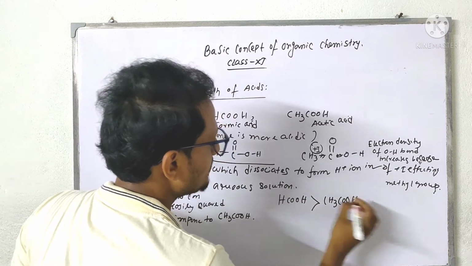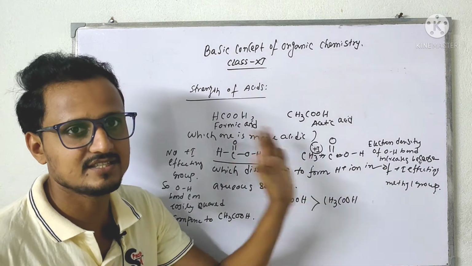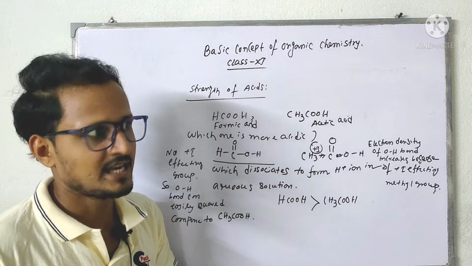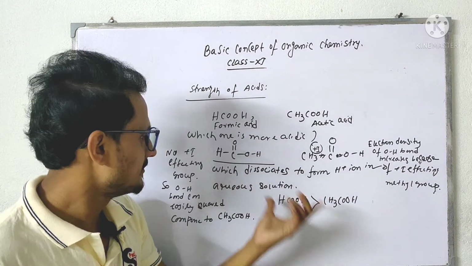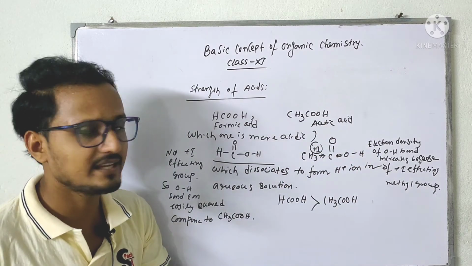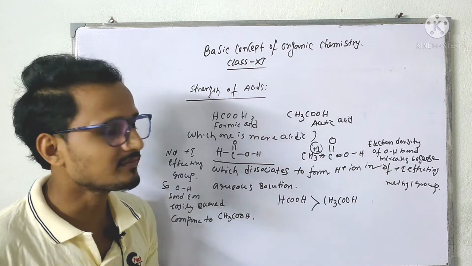So what we observed here is that the plus I effect group decreases the acidity. Now this question can be again explained on the basis of the formation of the conjugate base.